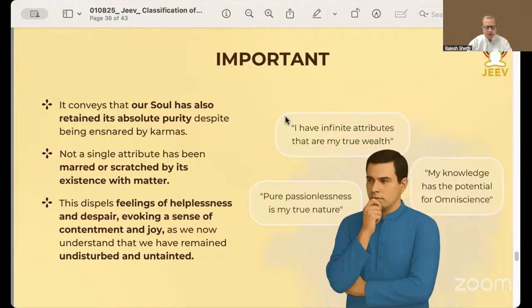Number 2, literal, non-existent, conventional point of view. Number 3, existent, conventional point of view. And number 4, literal, existent, conventional point of view. Okay, so these 4 we discussed in the last class.